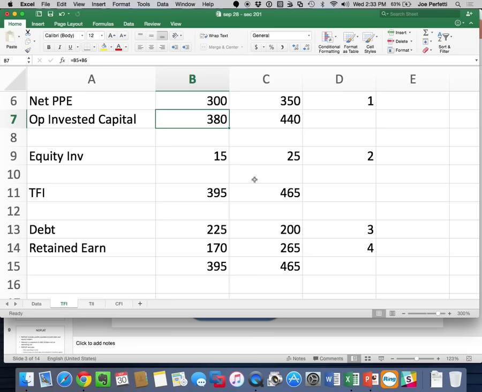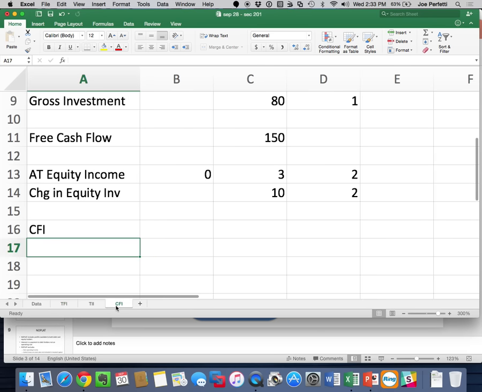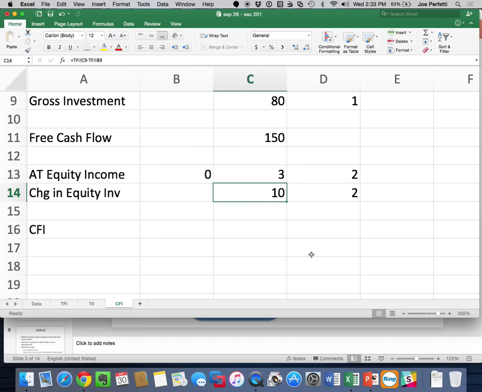Takes away. So, let's talk about signs. Should that be a positive 10 or a negative 10? Negative. If I'm going to add them together, then it needs to be a negative 10. If I'm going to subtract a positive, it's a positive, but I've got to remember to subtract it. In this case, I'm going to switch it to a negative, and I'm going to sum them together. So I need to flip the sign here because it's actually going to reduce the cash flow that I have to pay out to investors.